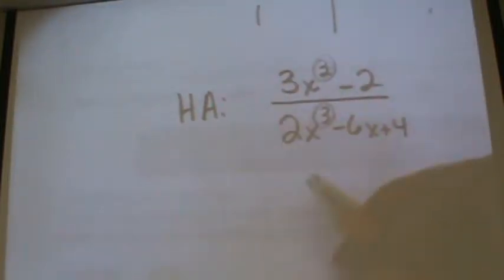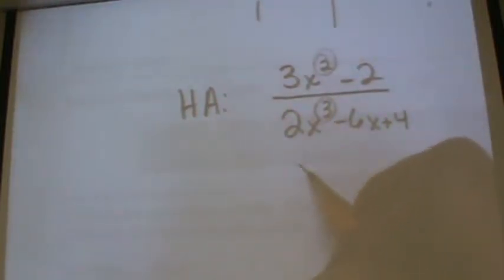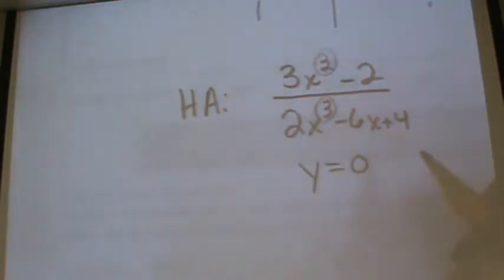I'm just making this up. The degree of the bottom here is a 3. The degree of the top is a 2. If it's bottom heavy, like this one, your horizontal asymptote is going to be y equals 0. So all bottom heavy rational functions have a y equals 0 horizontal asymptote.